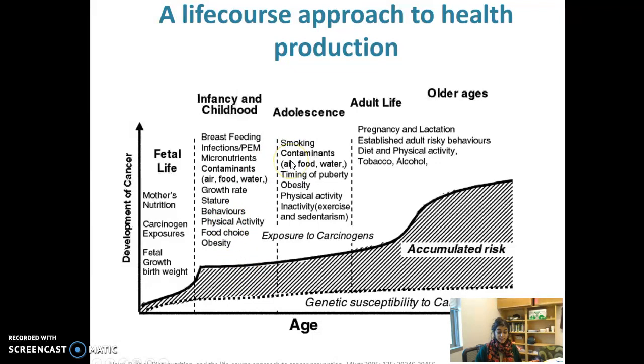Again, we get into adolescence: smoking, contaminants in the air and food and water. We see this as a sort of thread, the environment through this whole process. There's the timing of puberty in adolescence, obesity, but there's also starvation, and in many societies and places right now in the world, obesity may not be an issue, but other nutrient deficiency and protein and energy deficiency may be a problem.